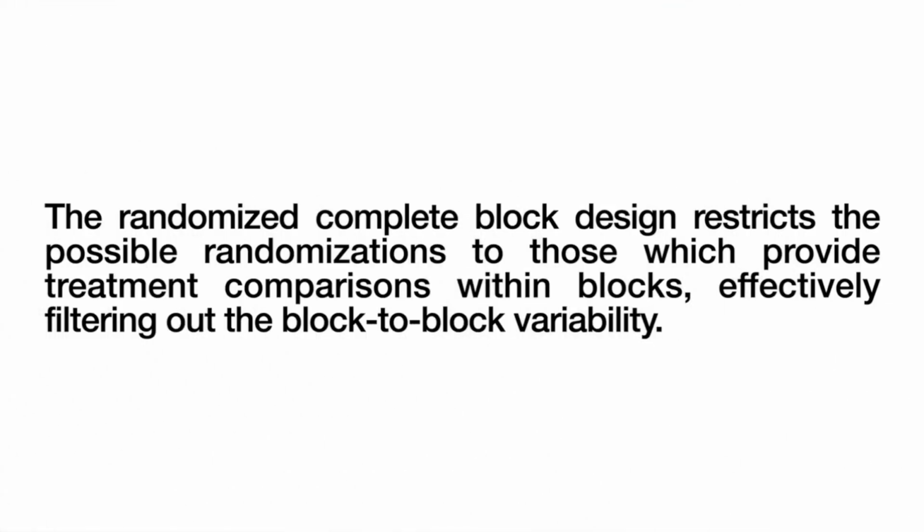So with that in mind, we see that the randomized complete block design restricts the possible randomizations to those which provide treatment comparisons within blocks, effectively filtering out the block-to-block variability.